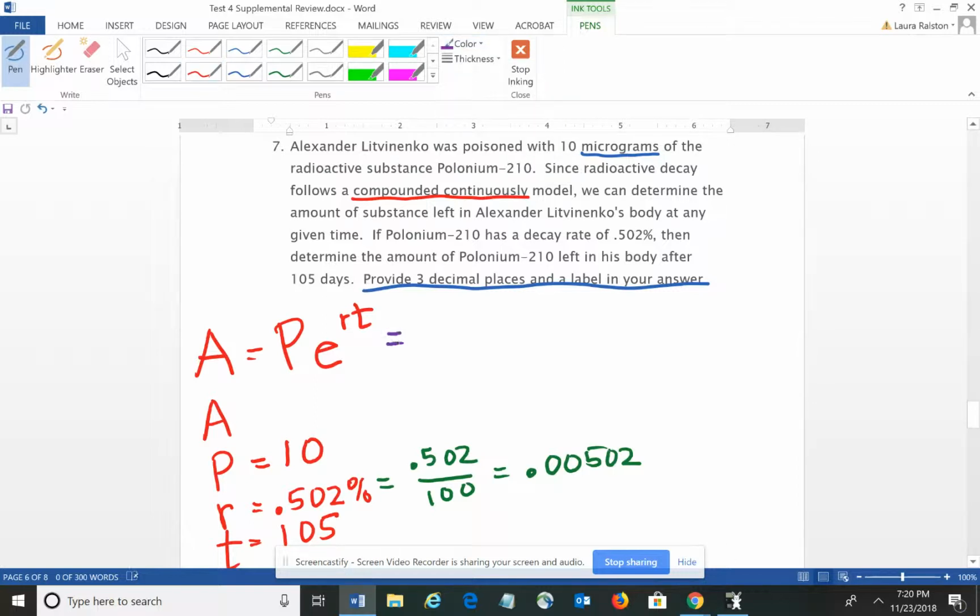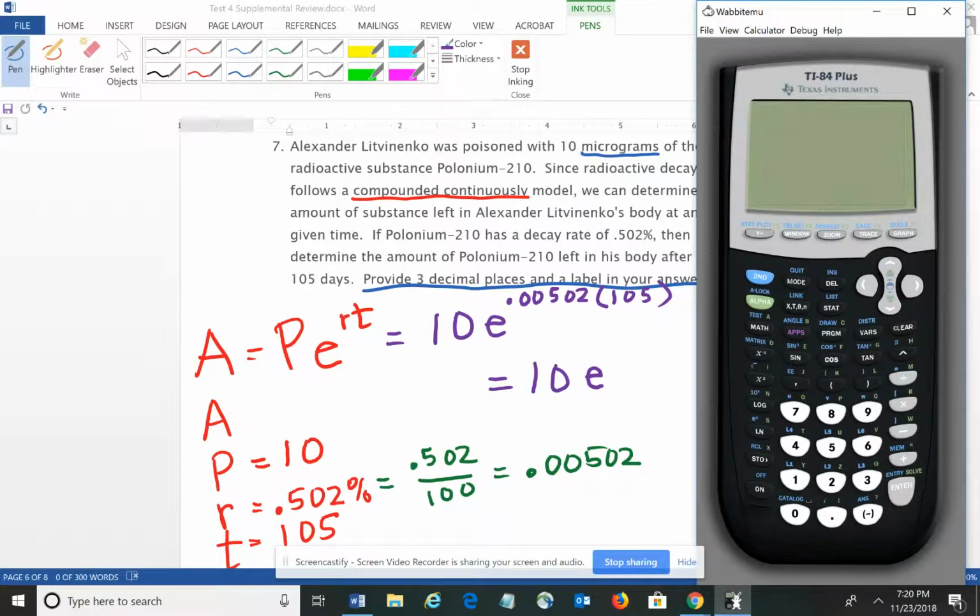We're going to plug the numbers into the formula. So we would have 10 times e to the 0.00502 times 105 days. Now again, I can baby step this a little bit because I would have 10 times e, and I want to go ahead and multiply together 0.00502 times 105 days, which is 0.5271.